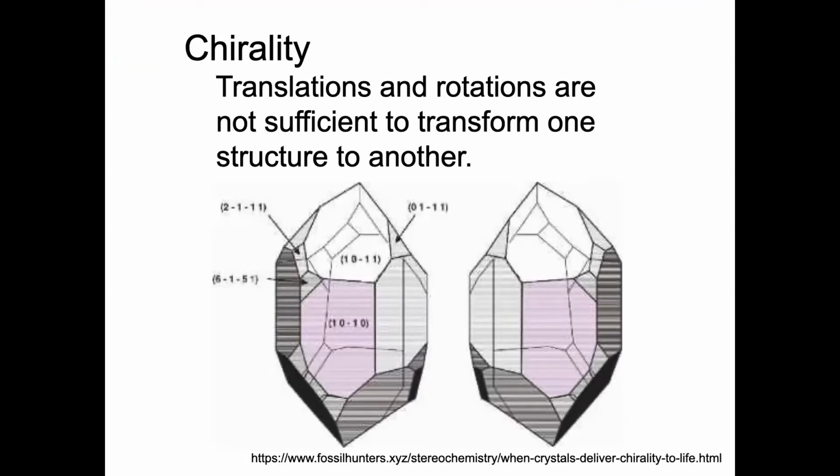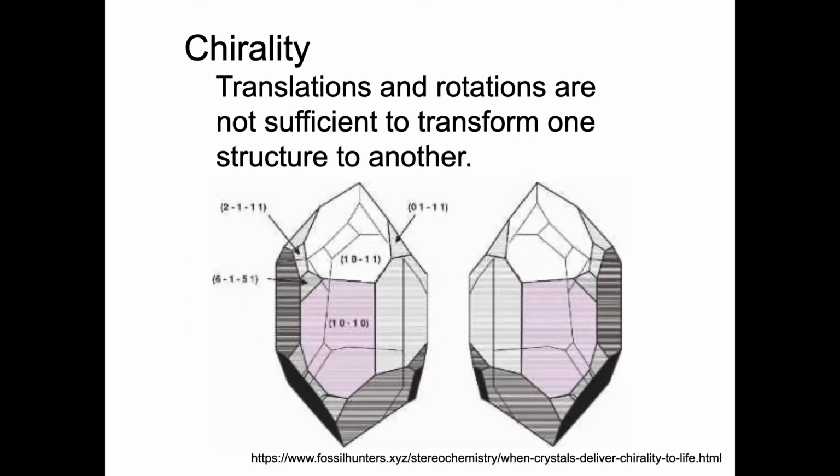What makes something chiral is that a translation, in other words, moving an object from one place to another, or a rotation about an axis, those are not sufficient to transform one form into the other. If you rotate your right hand, you're never going to get to the same geometry as your left hand. The same is true with these quartz crystals.